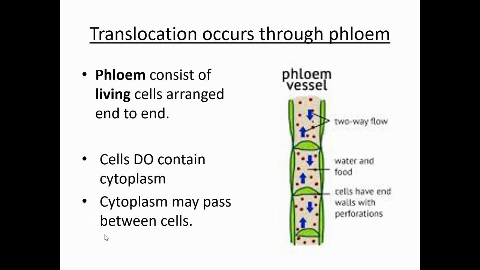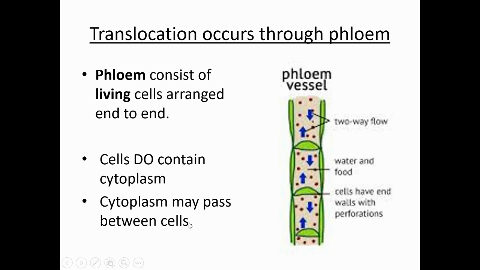Now, the phloem consists of living cells arranged end to end. Similar to the xylem, they do form tubes, but the phloem is made of living cells this time. These cells do contain cytoplasm. Because these cells are living, they require chemical reactions, and the cytoplasm is where the chemical reactions happen.